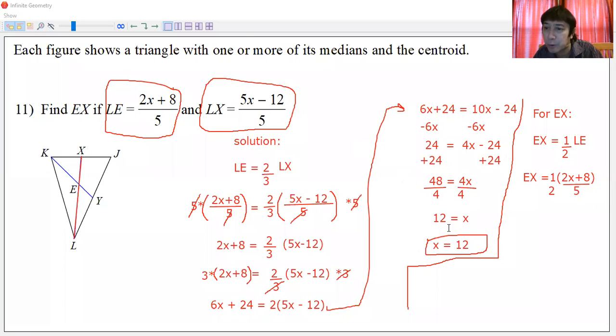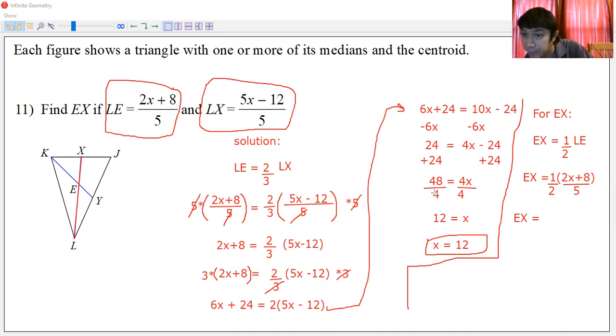So we continue with EX, and this is equal to, this is 1/2, so let me put the fraction symbol. 1/2 of 2x plus 8. All right, so let's compute first 2x plus 8 over 5, okay? And then we divide by 5 and then times 2.